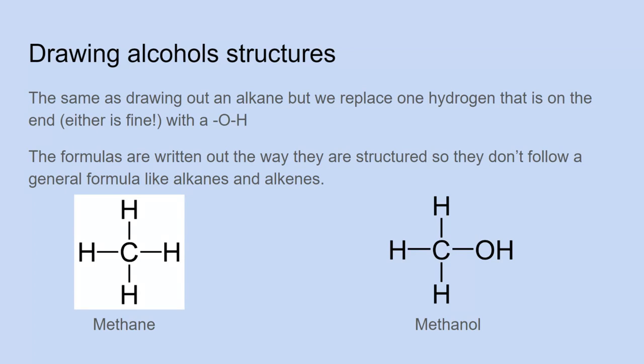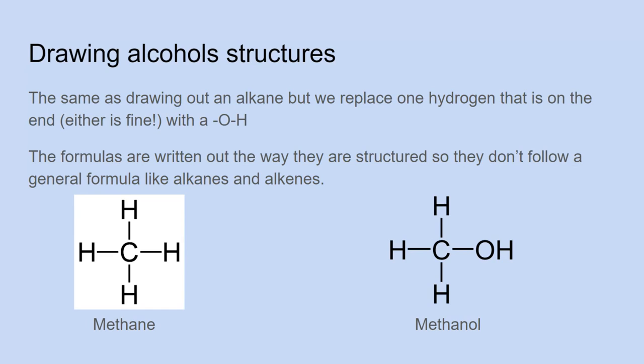So we want to be able to draw our alcohols. We need to draw their structural displayed formula. We're going to draw the same as an alkane, but we're going to replace one hydrogen on either end with an OH.